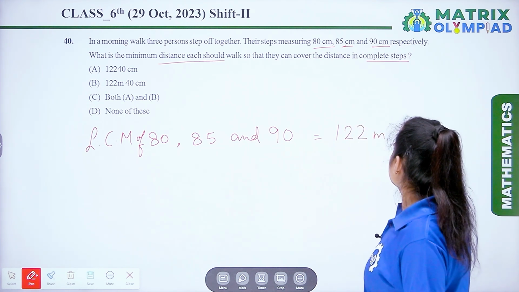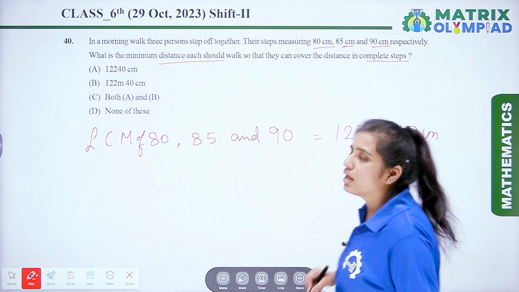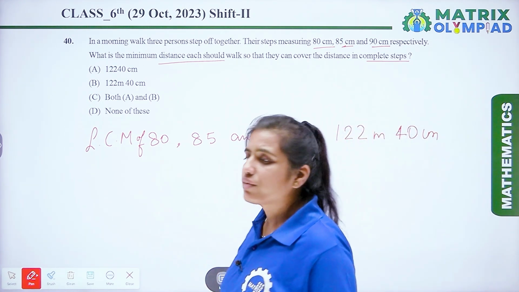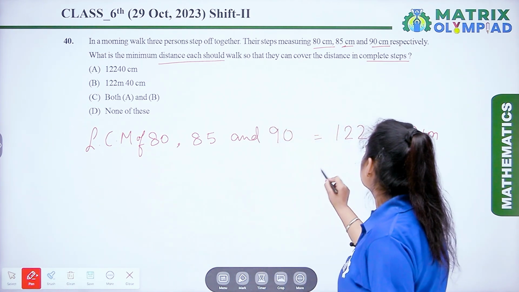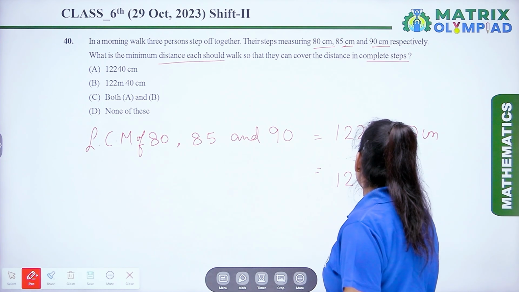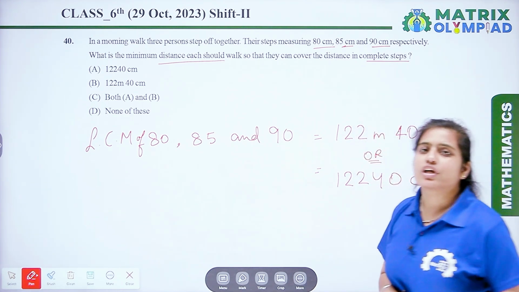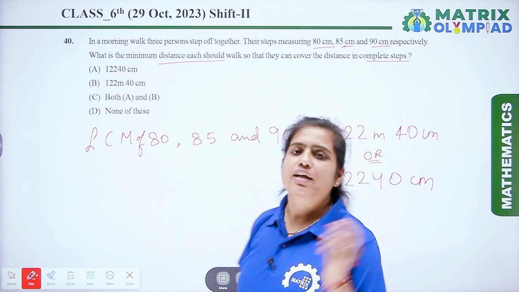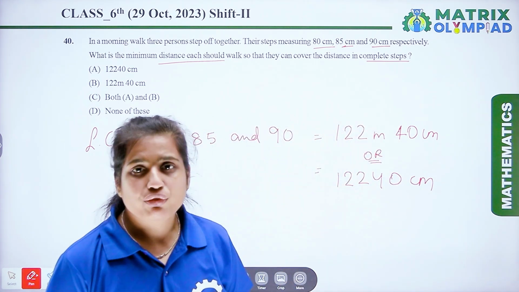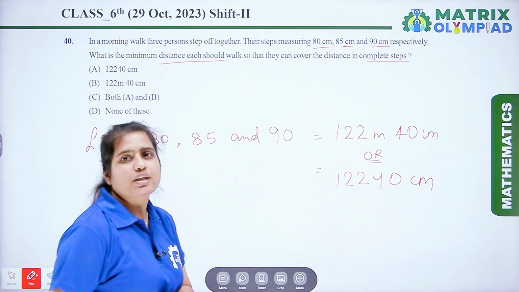122 meter 40 centimeter, and this we can also write as 12,240 centimeters. So we can write the answer in two forms, in the meter form and also in the centimeter form.